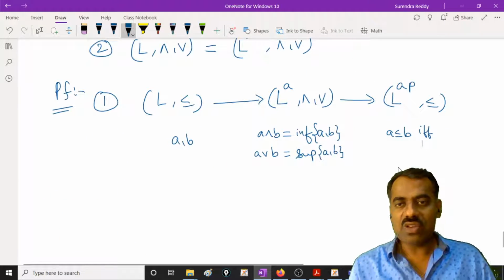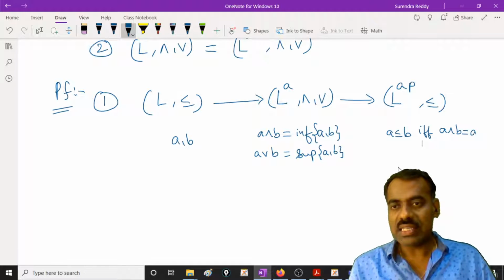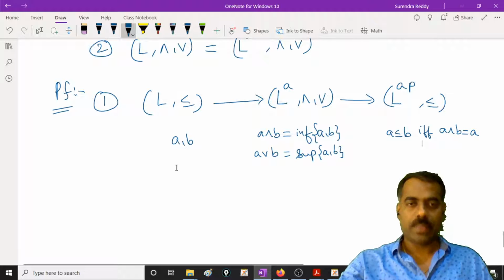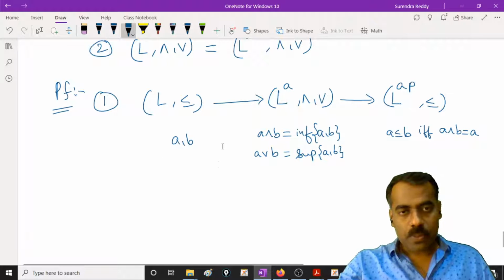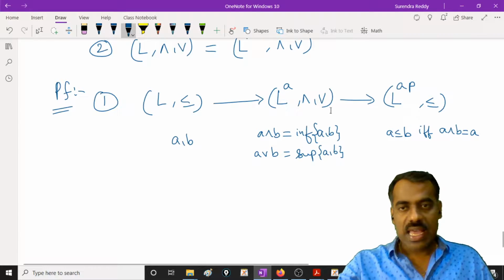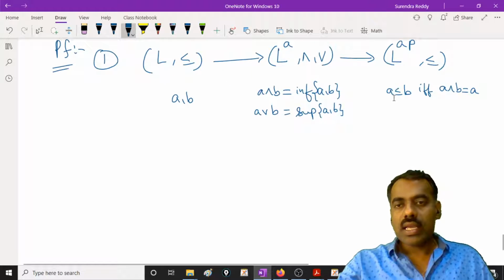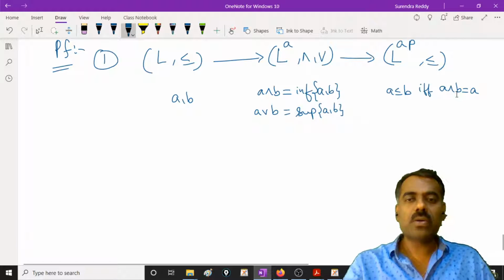A is less than or equal to b if and only if a meet b is the same as a. Are you following? So from a poset point of view, you will get a lattice algebra by defining meet and join as infimum and supremum. And from an algebra, how will you get a lattice? By defining the relation a less than or equal to b as a meet b equals a.